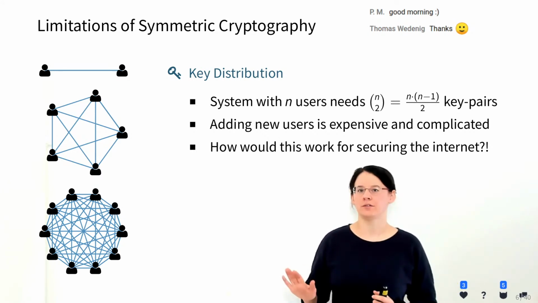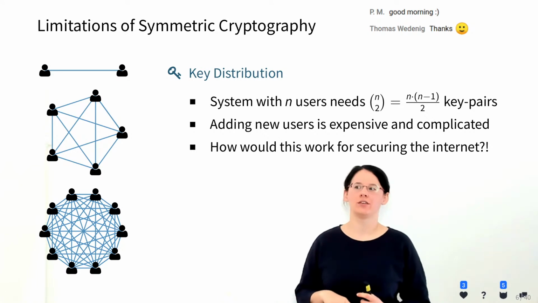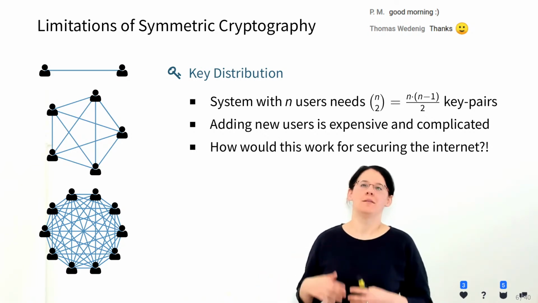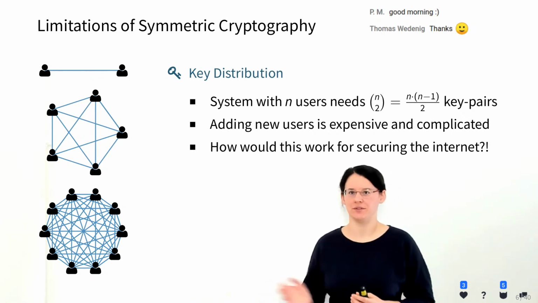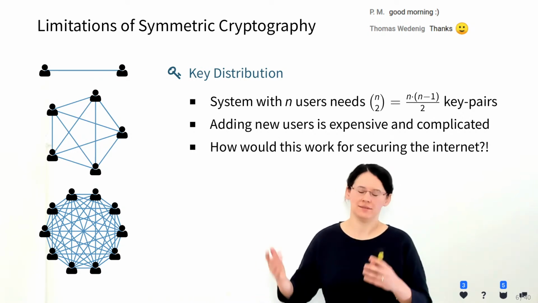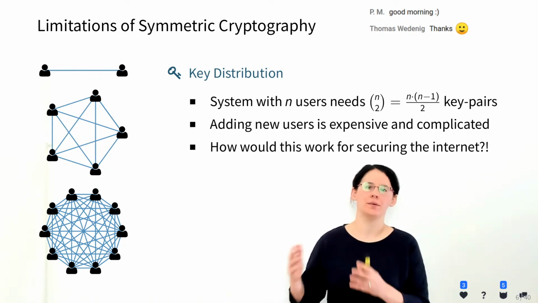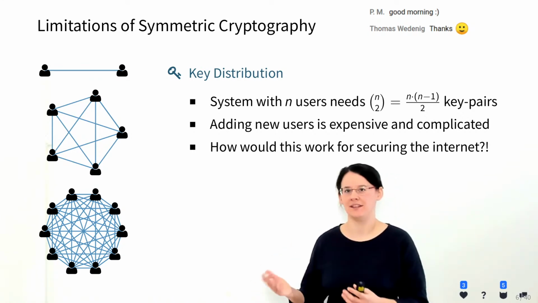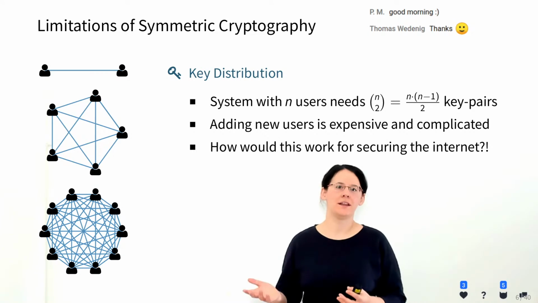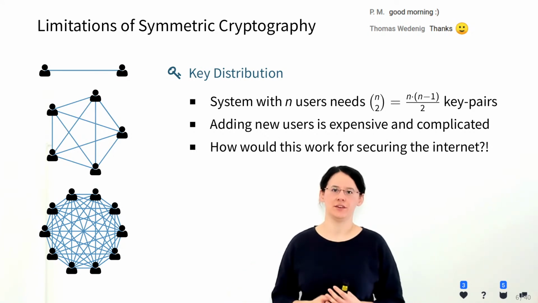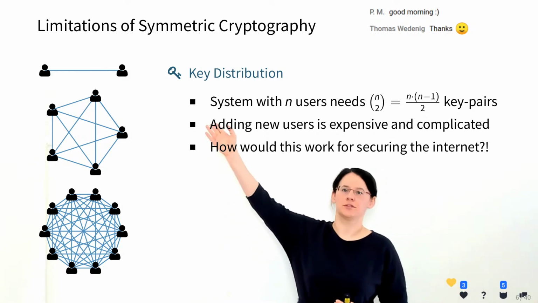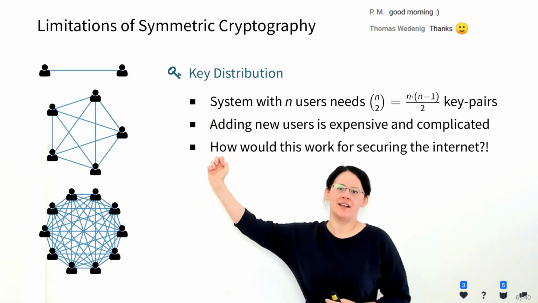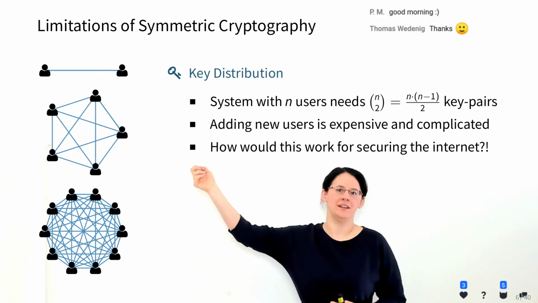And one of the reasons why it is a problem is when you look not just at Alice and Bob, but at a larger population set. For example, every internet user. Or it's sufficient to look at just one company or the university and look at the list of people in there who would like to communicate with each other. Because if the system has n users, like n equals 2 or 5 in this example here, then how many key pairs do we need?